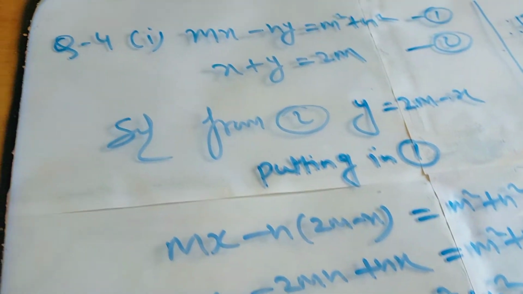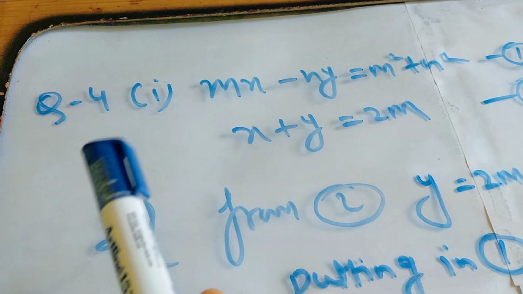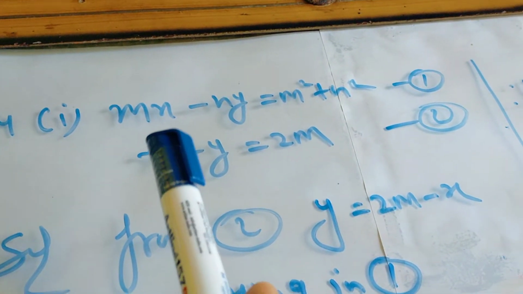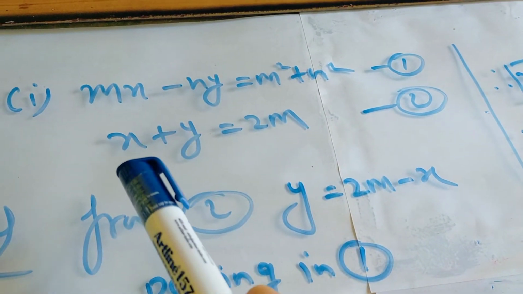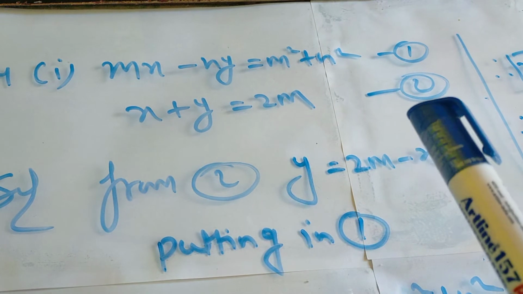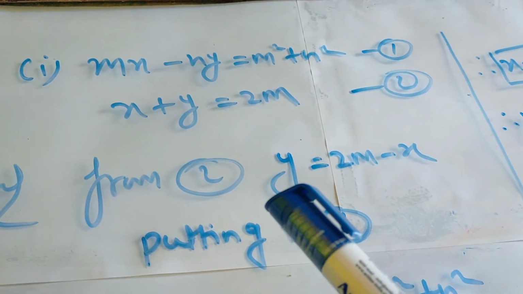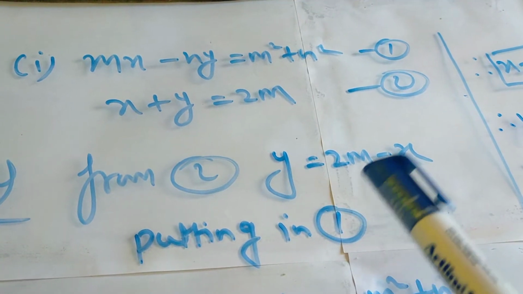Now look at the second question. This is from exercise 5.1, question number 4, first part. mx minus ny equal to m square plus n square and x plus y is equal to 2m. Here from the second equation I have taken the value of y. It has come 2m minus x and it is substituted in equation number 1.